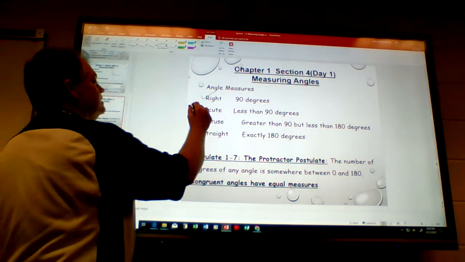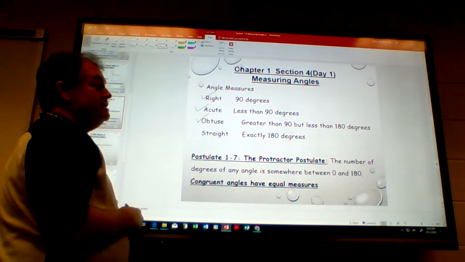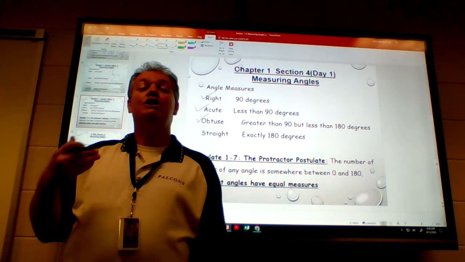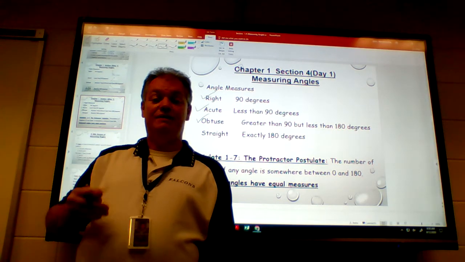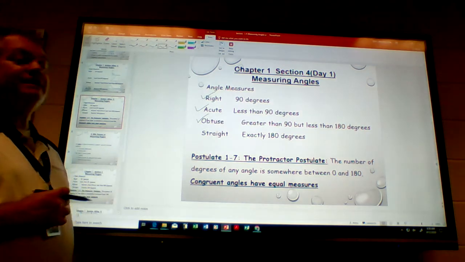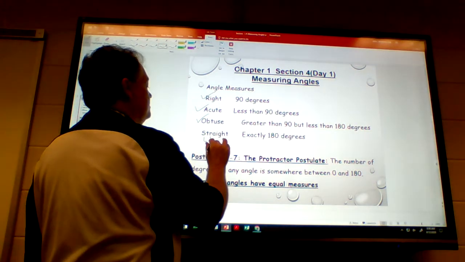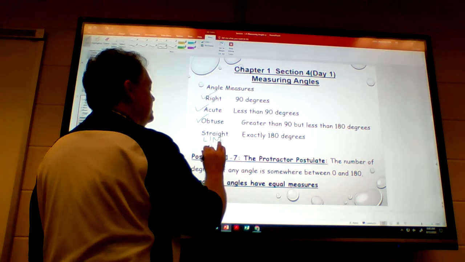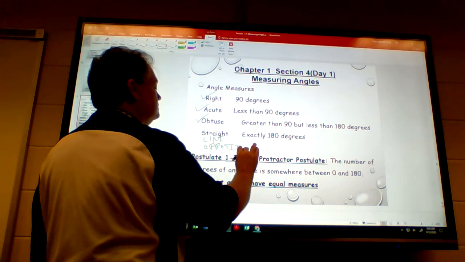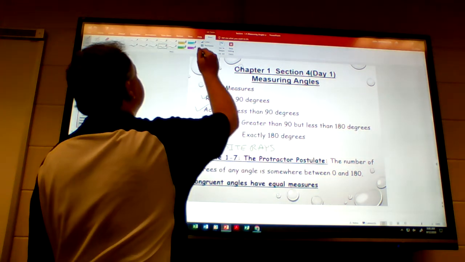Acute: less than 90 degrees. Obtuse: greater than 90 degrees, but less than 180. Very specific. And then a straight angle is exactly 180 degrees. Its other names are line or opposite rays, which we talked about in previous sections.